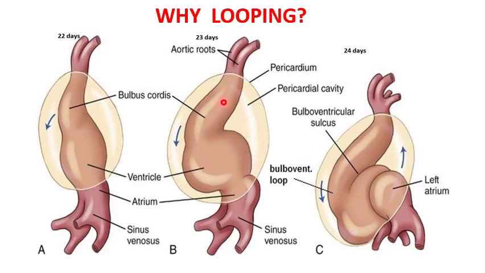Once the bulbous cordis moves ventrally downwards onto the right and the primitive ventricle moves onto the left, the primitive atrium will move dorsally and cranially to the primitive ventricle, entering into the pericardial sac. This bulboventricular sulcus is an external demarcation between the bulbus cordis and the primitive ventricle.